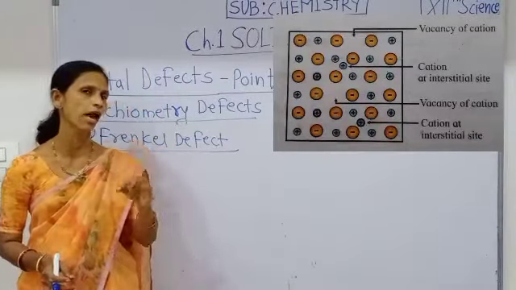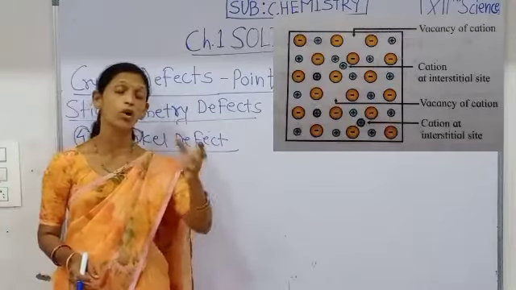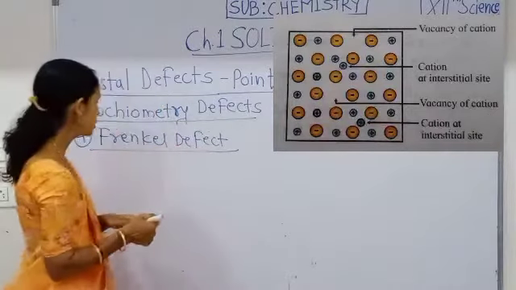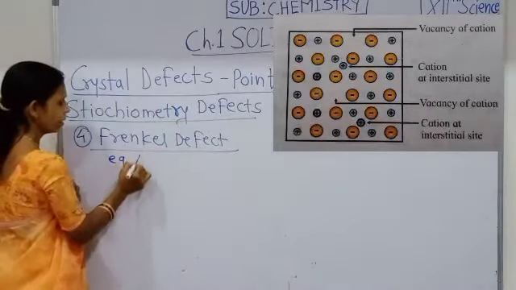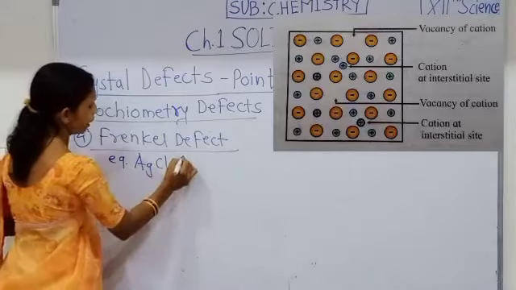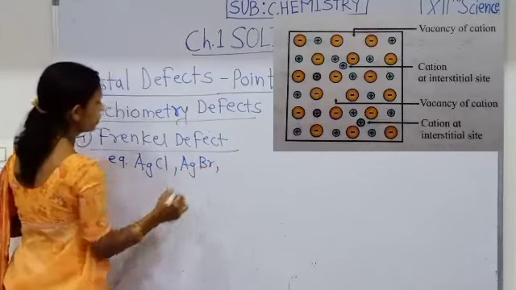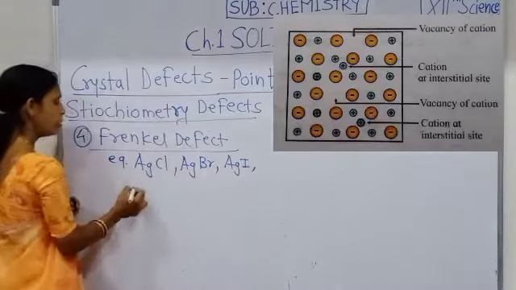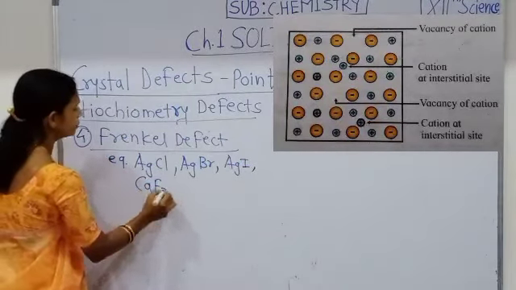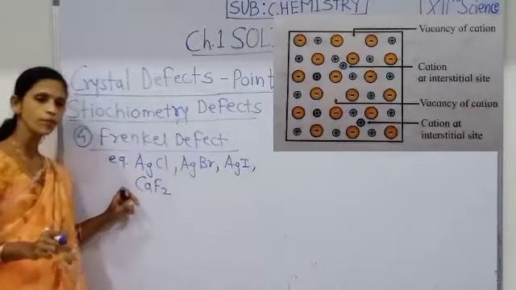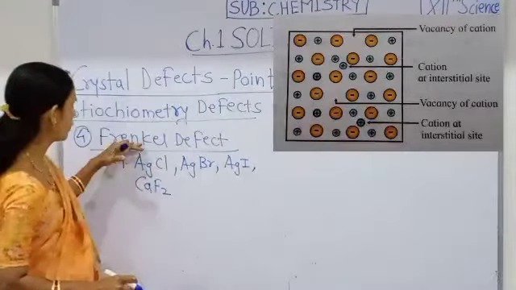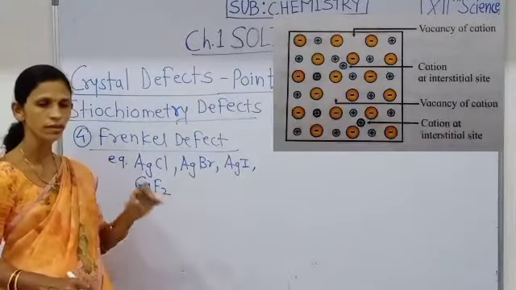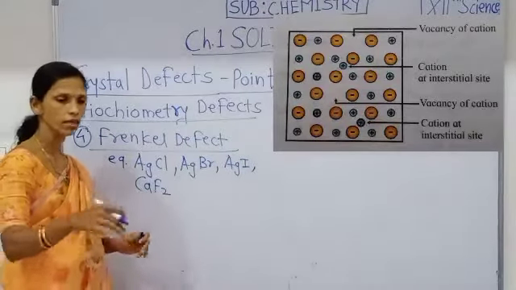This type of defect is observed in ionic crystalline substances, for example AgCl, AgBr, silver iodide, or calcium fluoride. Frenkel defect is observed in those types of ionic compounds.